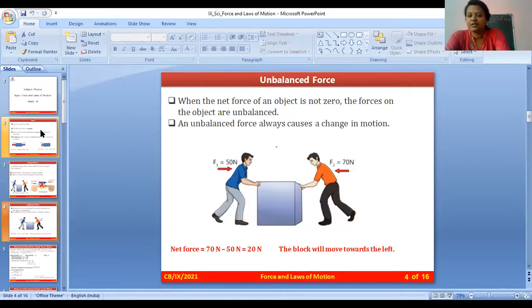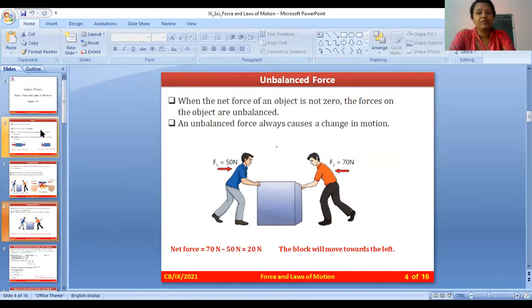Unbalanced forces. You could see here an example where a force of 50 Newton is applied on one side. On the other side, the right hand side, we could see 70 Newton force is applied. So the net force would be definitely 70 minus 50, that is 20 Newton. But will the block move towards left or right?